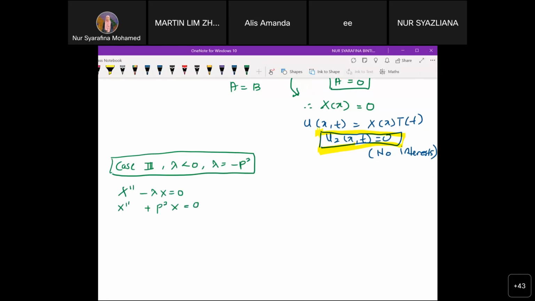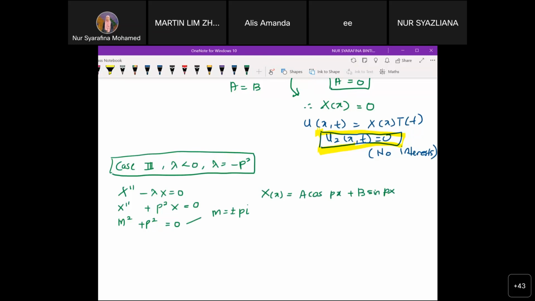By characteristic equation, we have m squared plus p squared equals 0, and this is a complex root, which will give you m equals plus minus pi. So since this is a complex root, your x solution should be a cos px plus b sine px, right?